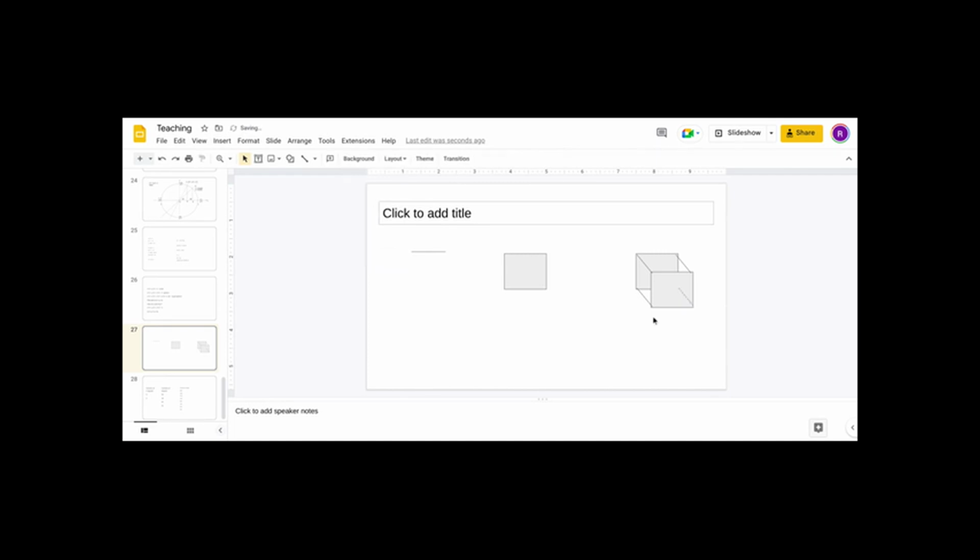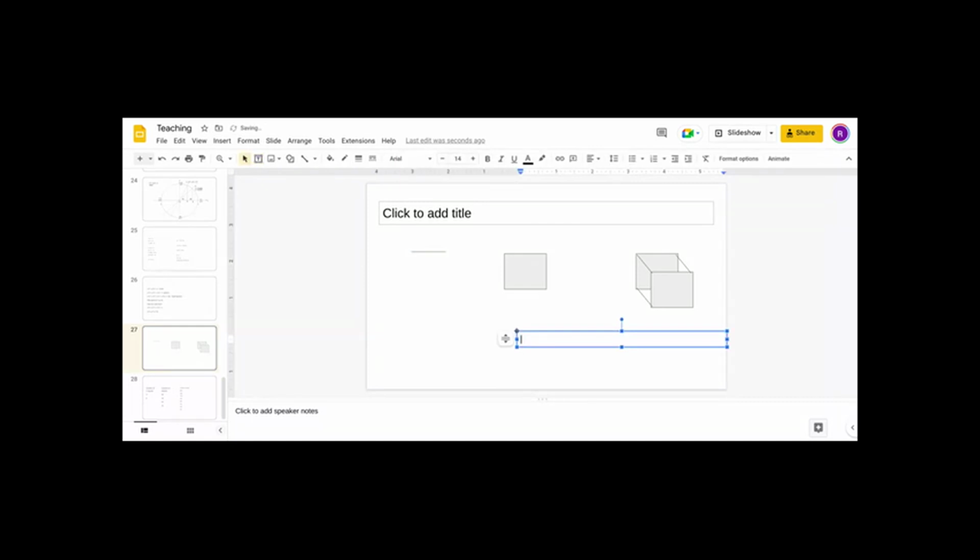Okay, let me not draw that because it will not be visible. So this is the normal square. Okay.